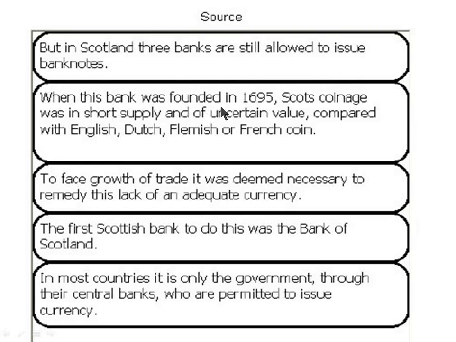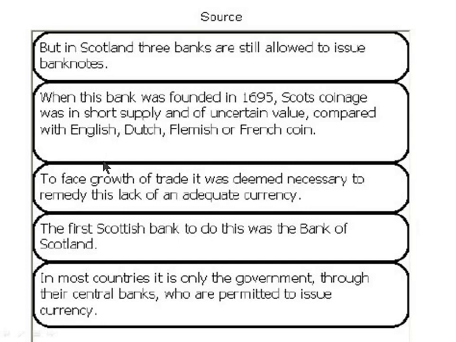When this bank was founded in 1695, Scots coinage was in short supply and of uncertain value, compared with English, Dutch, Flemish or French coin. In this you can clearly see it was in short supply and of uncertain value compared with English, Dutch, Flemish or French coin.